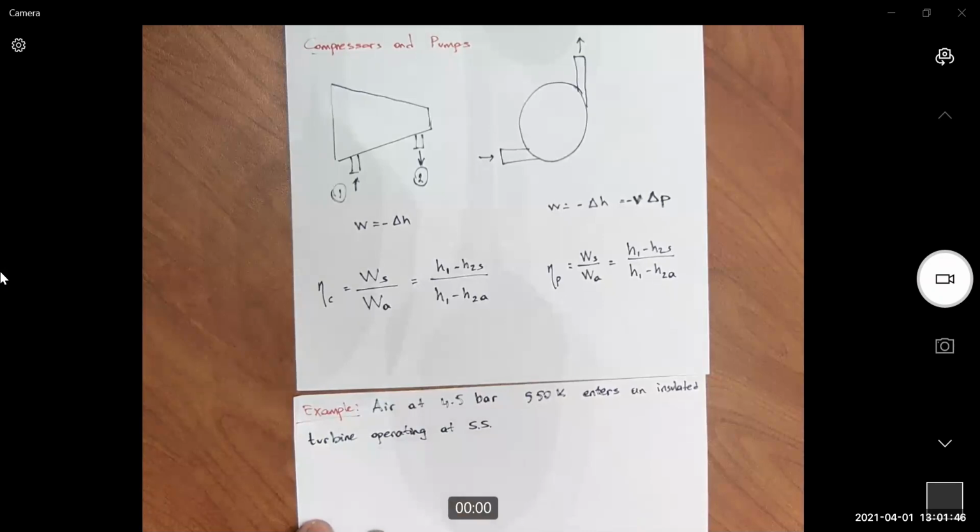What was steady state? There's no accumulation in the system. Remember those time-varying equations? I had dE over dt, dm over dt.